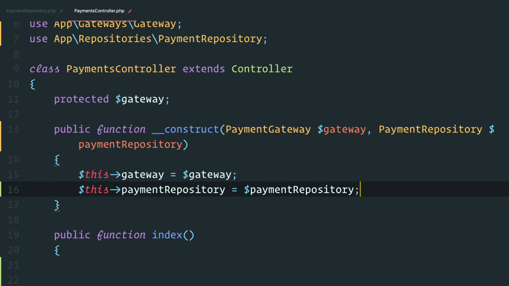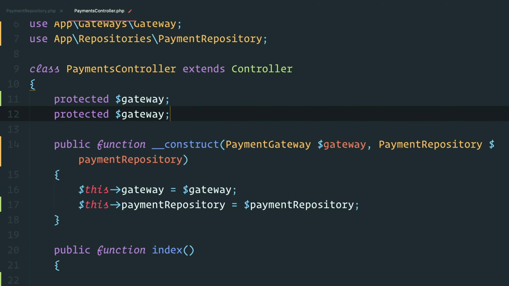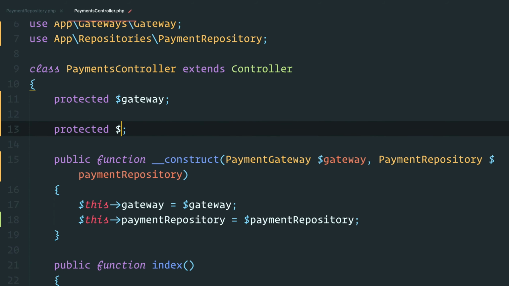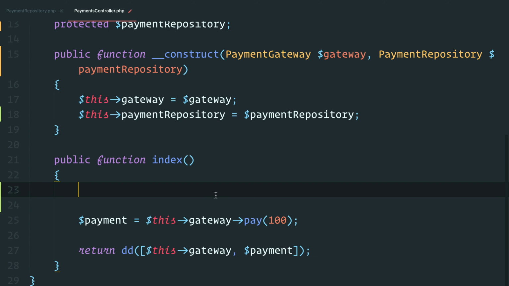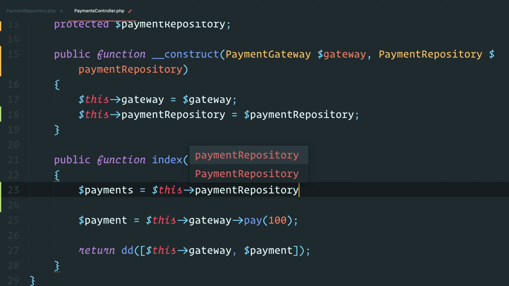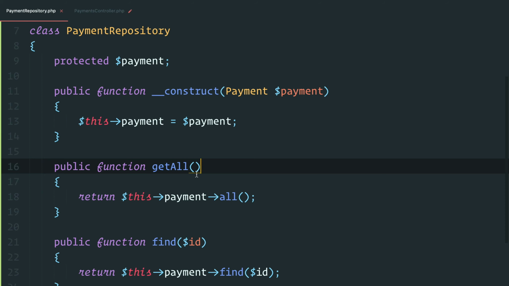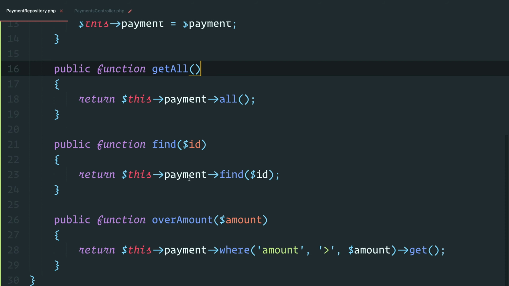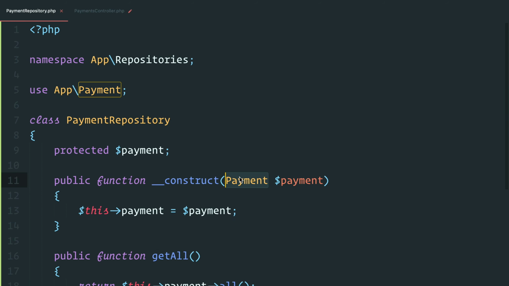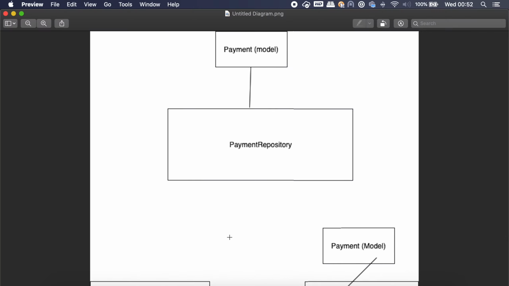And then you would do this. You probably would fetch them like this. So if you want all payments, you would say payment repository get all, something like that. And you can see that it's just proxying the calls to the Eloquent model, to our model that we are injecting here. Let's go back to the diagram.